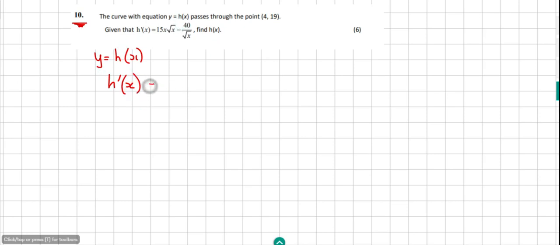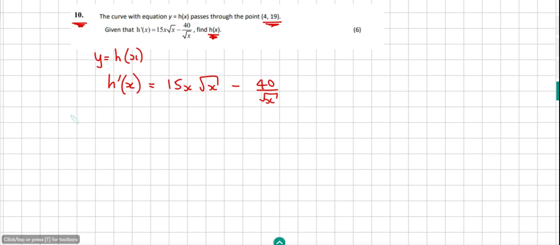And so h dash x is 15x root x minus 40 over root x. And we know that the curve is also going to go through this point. So we're trying to find the equation, or find h x.